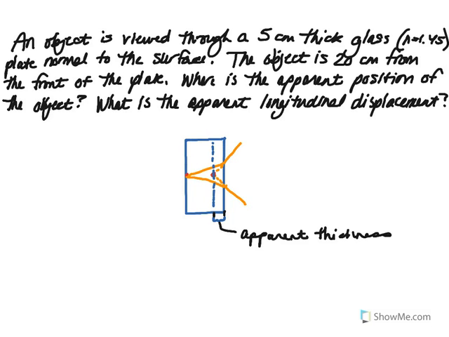But this distance from where the object is located to where the image is located, we would call the apparent longitudinal displacement.